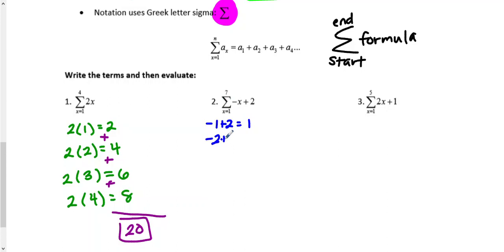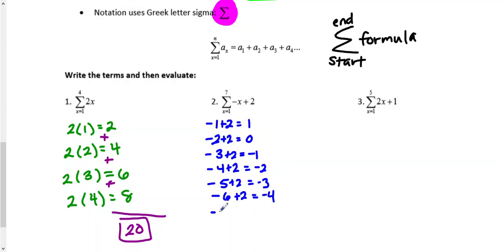So then we go -2 plus 2, which is 0, -3 plus 2, which is -1, -4 plus 2, -2, -5 plus 2 is -3, -6 plus 2 is -4, -7 plus 2 is -5.